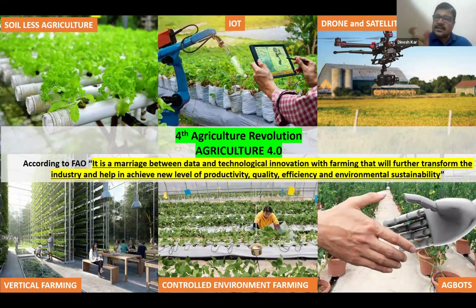So data and technology getting married with farming will further transform the industry and help in achieving new levels of productivity, quality, efficiency, and environmental sustainability. This is the new revolution where we are all talking about soilless agriculture, IoT, drone and satellite imageries, agbots, which is nothing but agriculture robots, controlled environment farming, and vertical farming. These are some of the terms which are more and more getting used and people are adopting them. This is where agriculture 4.0 is.